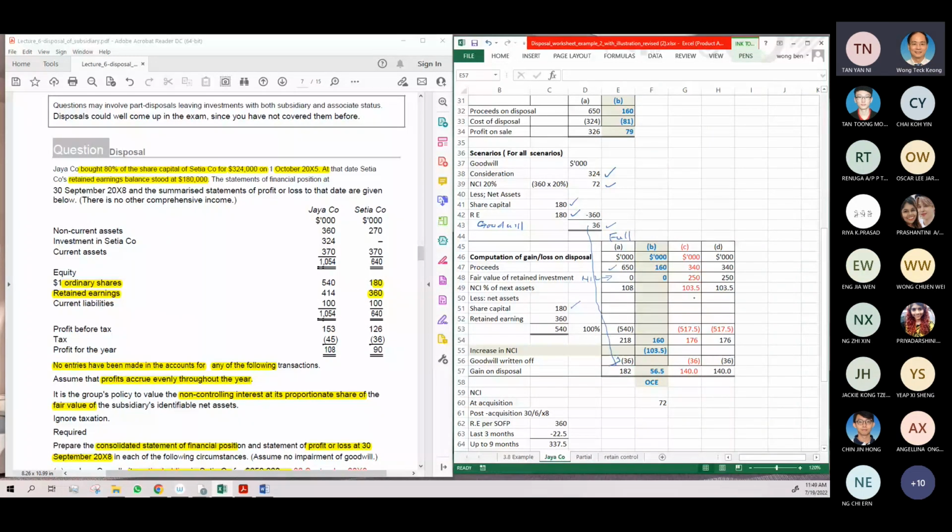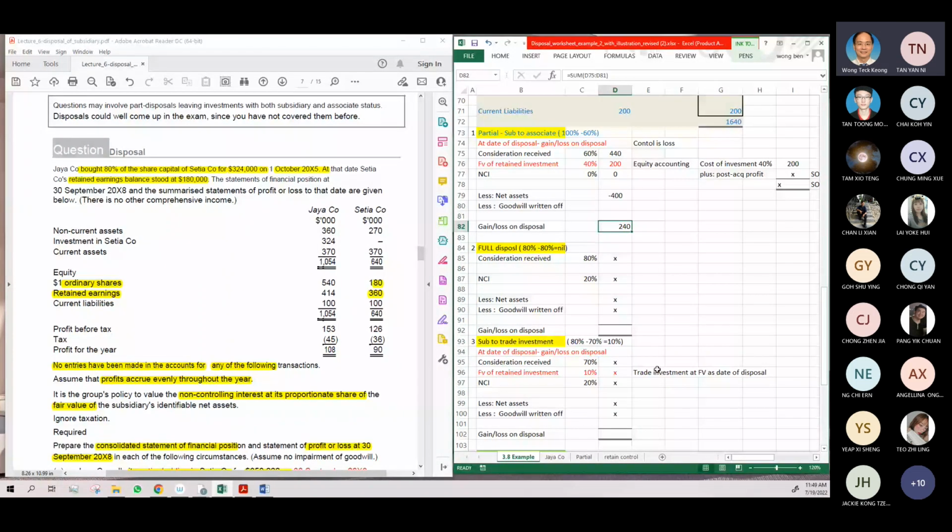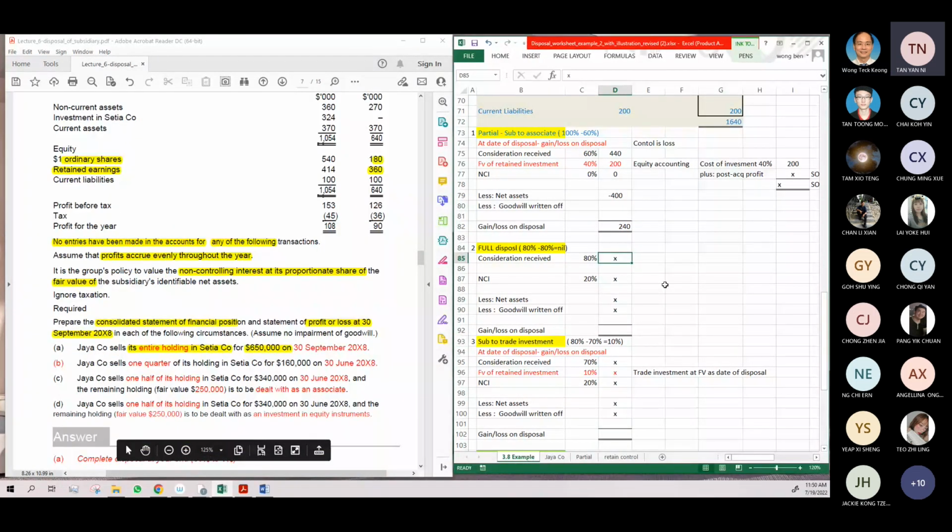Okay, if you use just now the example, the format, full disposal: we have 80%, so we sold it off. The entire holding was 650. We keep 0% of it, but before that we found the net asset is how much? The net asset is 180 plus 360, returning 540.